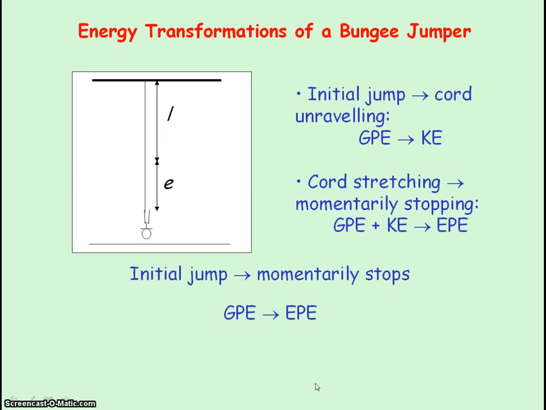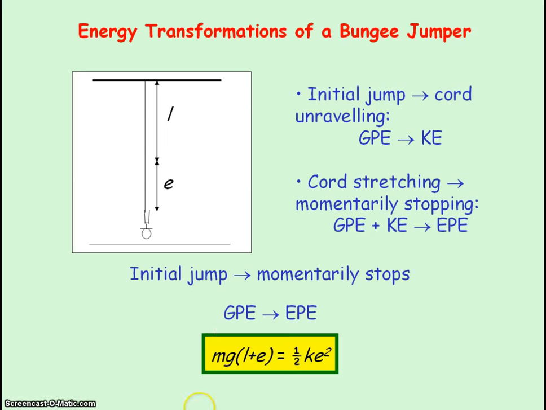So from the initial jump to when the bungee jumper momentarily stops, we have the initial gravitational potential energy converting into elastic potential energy. The loss in GPE equals mgh, where h will equal the original length of the cord plus the extension of the cord.